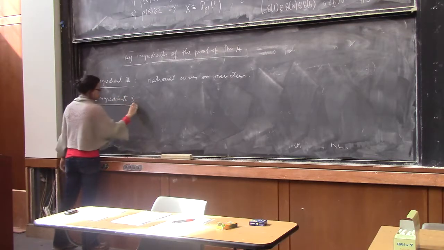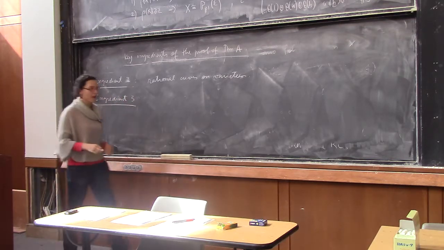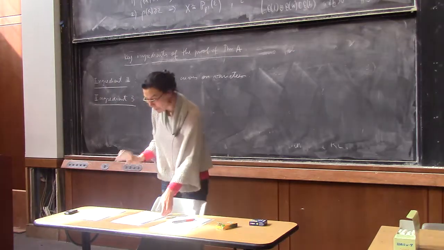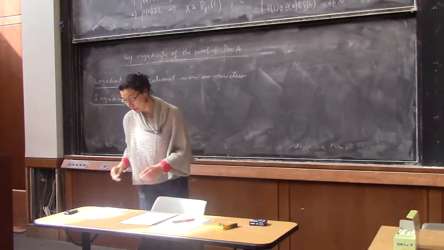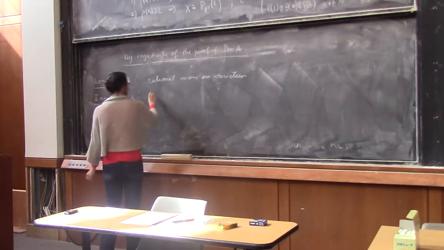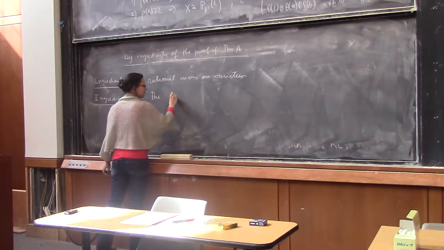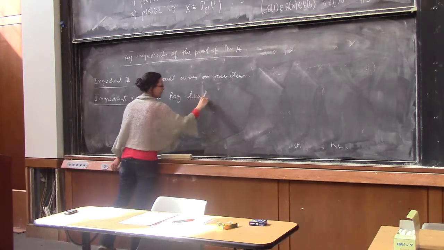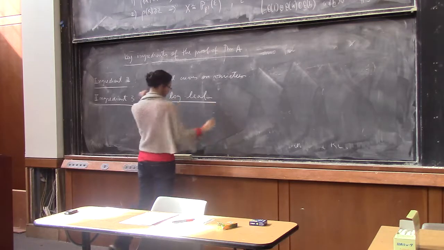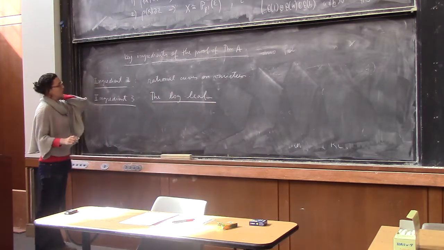And this is a sort of new object that showed to be very powerful in our study of foliations. This is what we call the log leaf. So what is the log leaf?